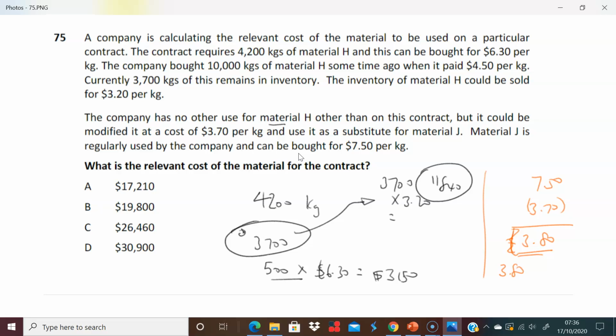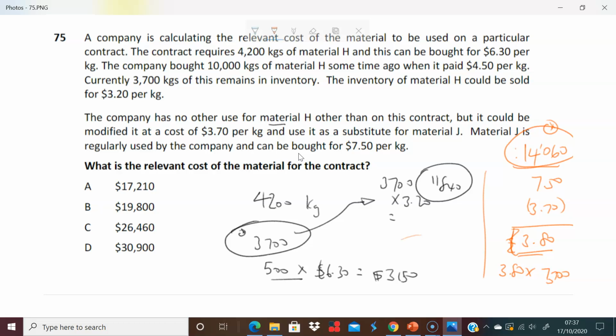So basically the relevant cost becomes £3.80 a kilogram. Multiply that by the 3,700 kilograms we're talking about, and you get 14,060. This is therefore the relevant cost because this is higher, so this is the cost we should be thinking about.